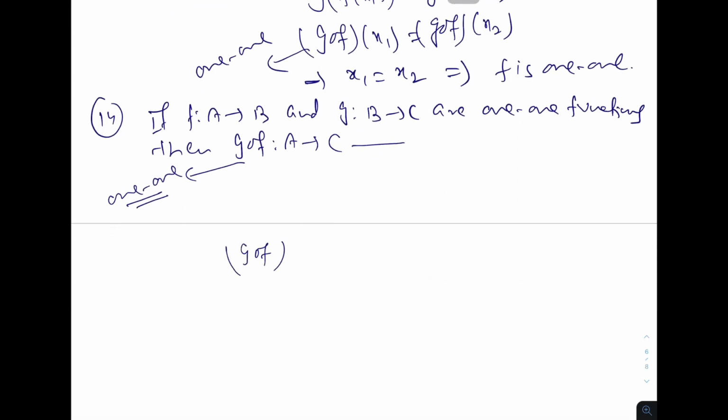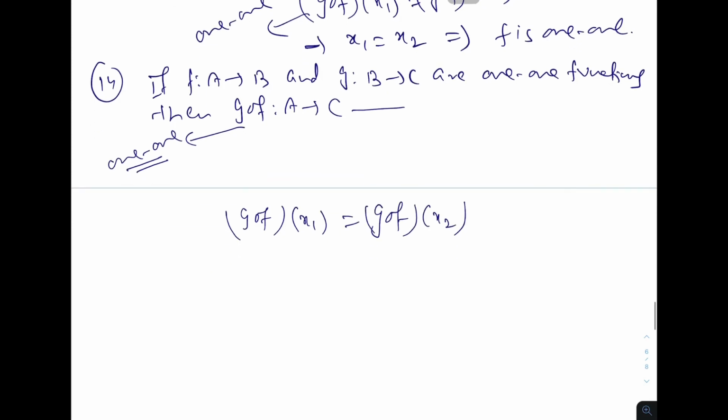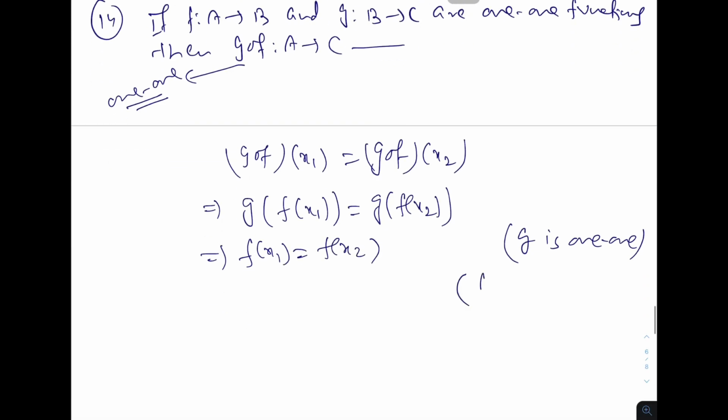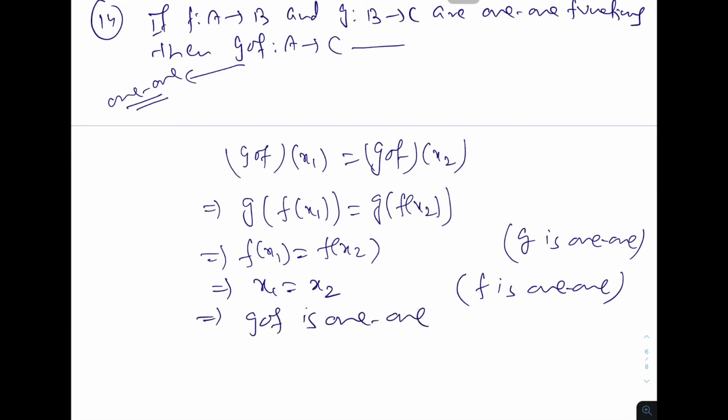GOF is also one-one, you can easily check. GOF at x1 equal to GOF at x2 would imply G of F of x1 equal to G of F of x2. Now because G is one-one we can apply that, so we are having F of x1 equal to F of x2, and now again F is one-one so we can have x1 equal to x2, and so this would imply GOF is one-one, so that option you have to select.